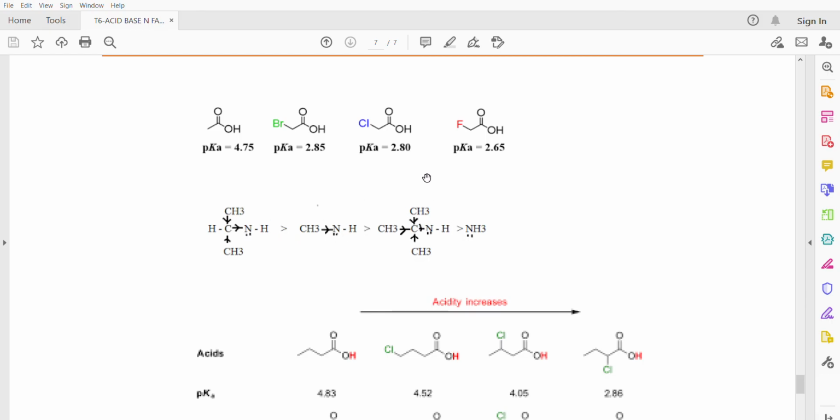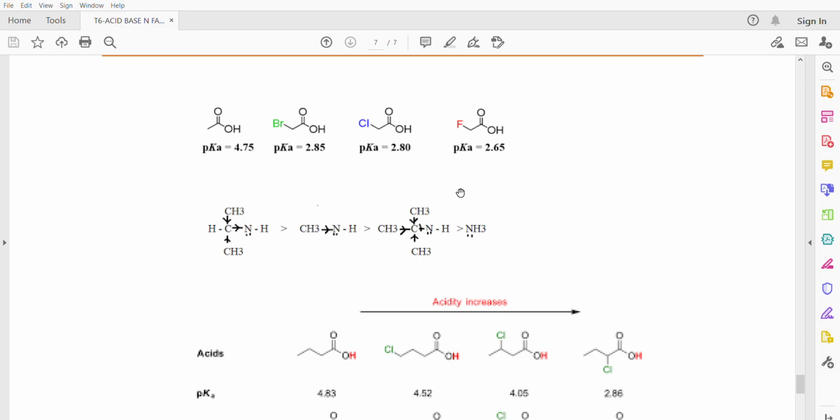But in tertiary amine, basicity is decreased due to steric effects. Due to the bulkier methyl groups, the lone pair is not in plane, it is distorted, and due to this distortion and steric effects, the lone pair could not attack a proton or positive species.